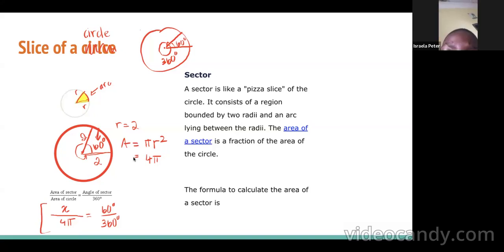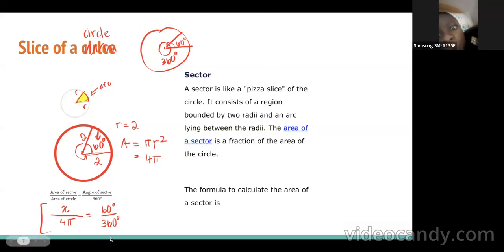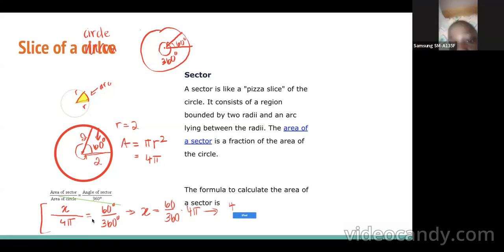So we had A is equal to pi r squared. Okay, so if I were to solve this in order to get the area of the sector, I do x equals 60 over 360 times 4 pi, which is 4 over 6 pi.